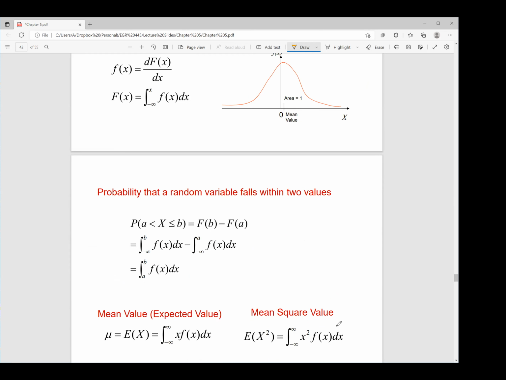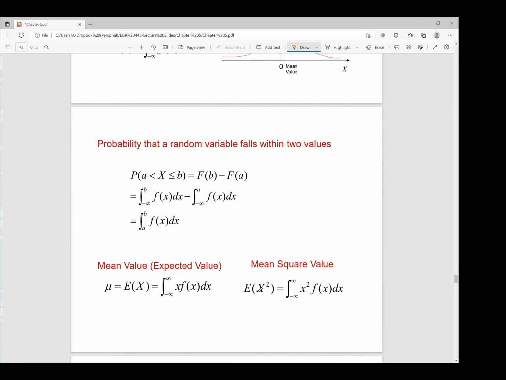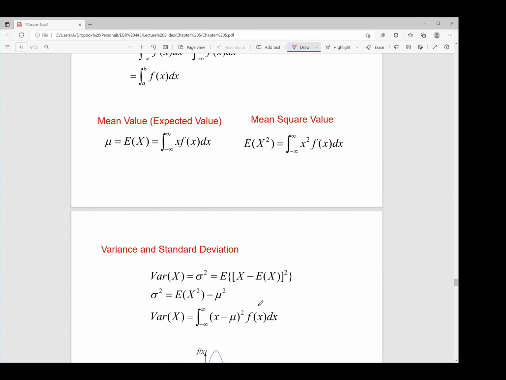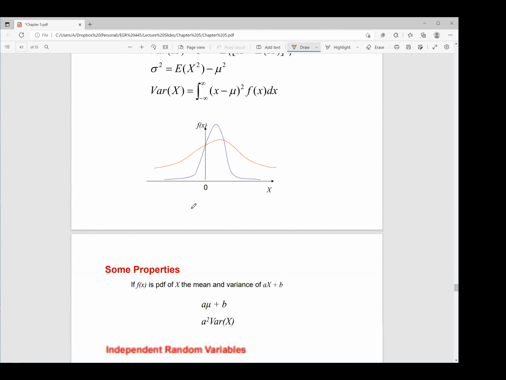You have the mean square value, which is the square of the means and expected value of the square. You have something called the variance and standard deviation, and these random variables can be defined in the context of discrete random variables, or they can be defined in the context of continuous random variables. So I will talk about these two variations and these two differences in next class.